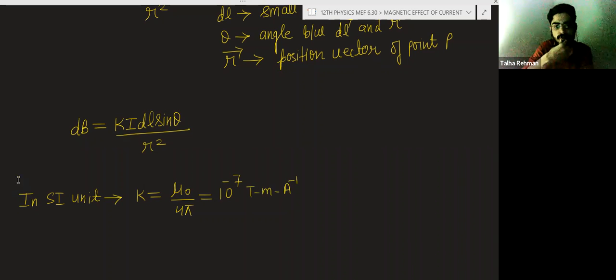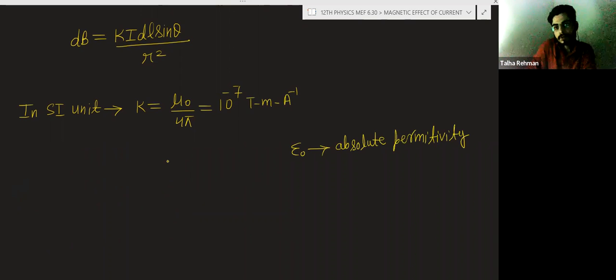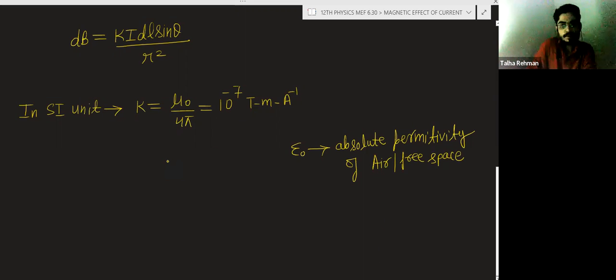And what is this mu naught? In Coulomb's law, there is epsilon naught, where epsilon naught is the absolute permittivity of air or free space. Here mu naught is the absolute permeability.